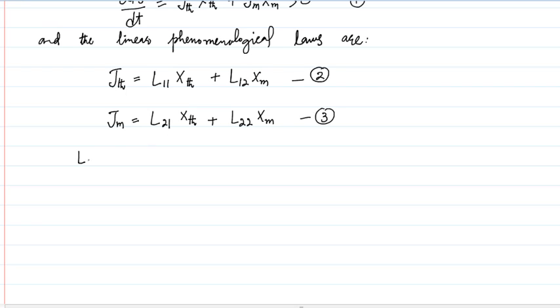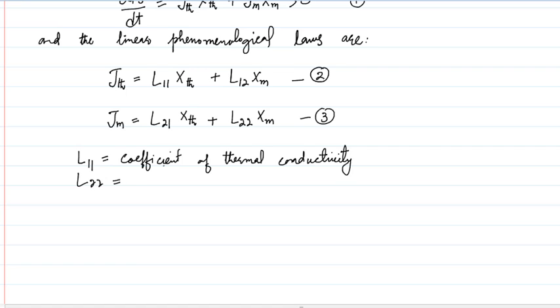Here, this L11 is simply the coefficient of thermal conductivity. And this L22 is the diffusion coefficient.